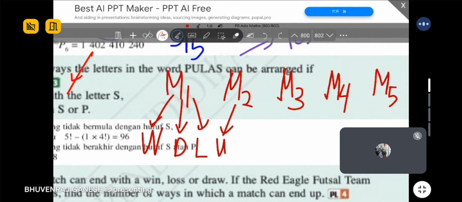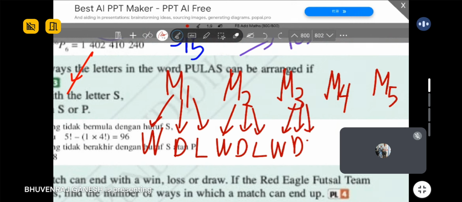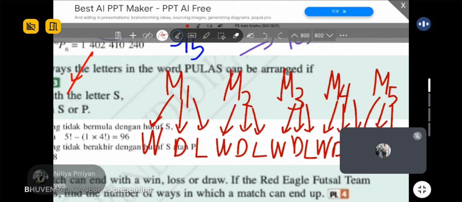Win, draw, lose. Win, draw, lose. Win, draw, lose. Can you all see, guys? This is a tree diagram. Boleh dapat? So this is all the possibilities. So guys, how to find the total ways?